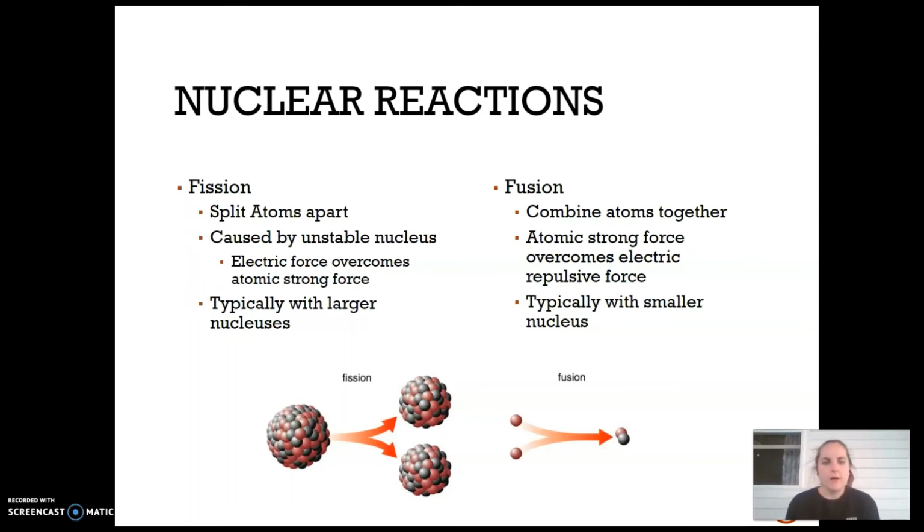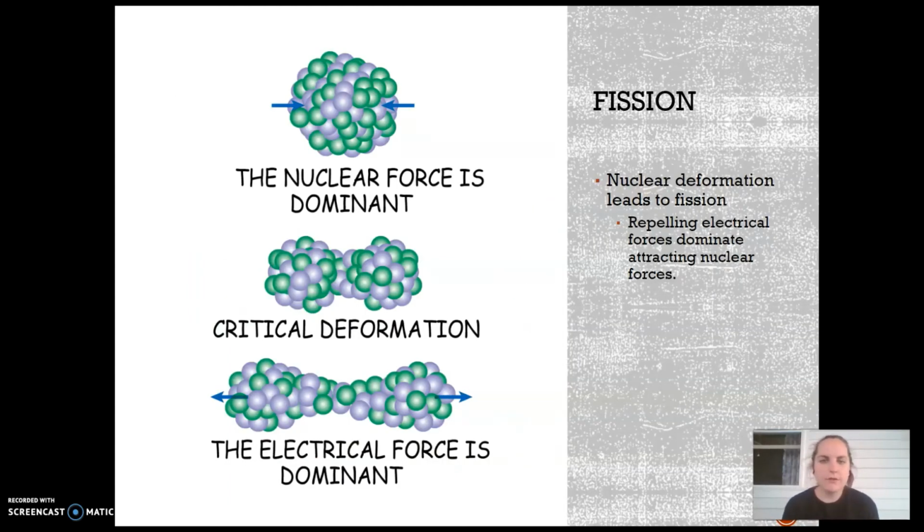This typically happens with a larger nucleus like uranium, that radioactive material. Fusion is the combining of those atoms together, so the atomic strong force overcomes the electric repulsive force, and it's typically with a smaller nucleus.